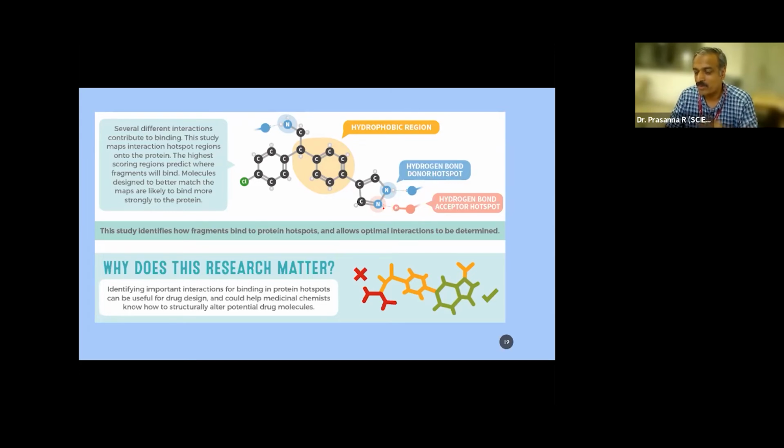This is what I was trying to say in the last slide. This is a hydrogen acceptor because it accepts the hydrogen from the protein through hydrogen bonding, so it donates the lone pair. The one which donates the lone pair is the hydrogen acceptor, and the hydrogen bond donor is the one which donates the hydrogen to form hydrogen bonding.